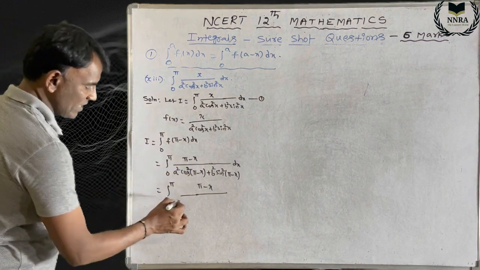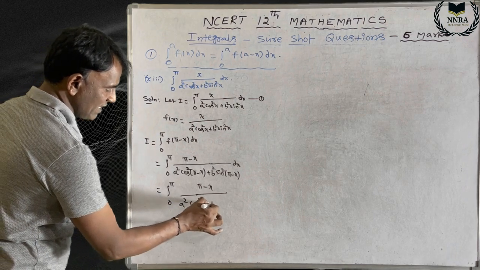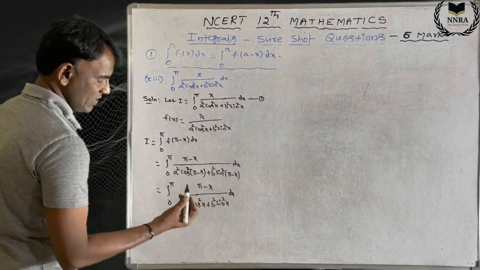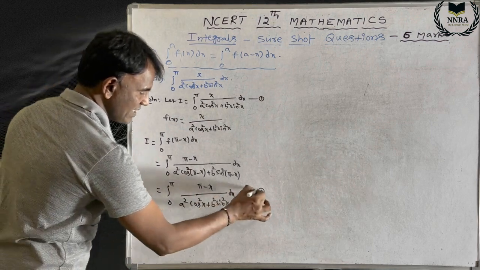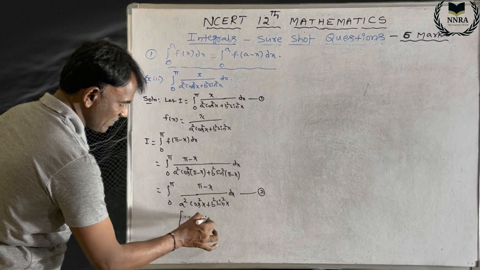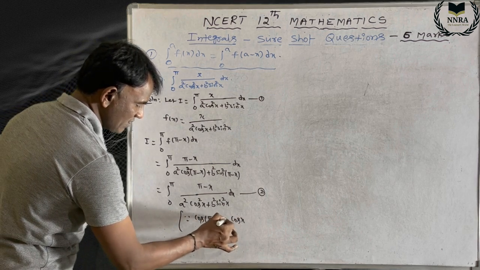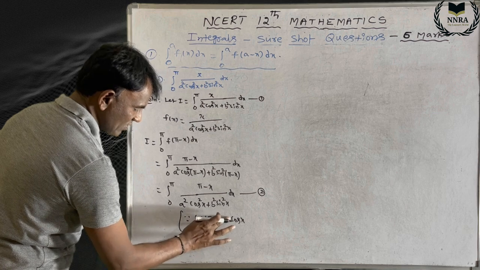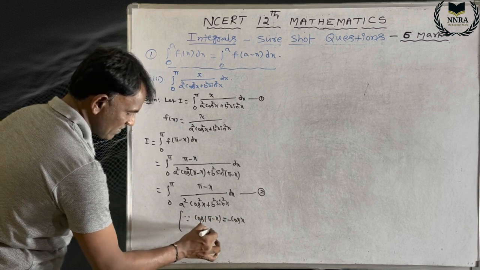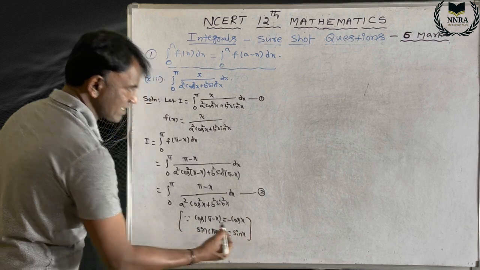Again we get the same cos square x. So a square cos square x, and it is b square sin square x dx. If you want, just write here: cos of pi minus x equal to minus cos x, okay, this is minus cos x. Second one, sin of pi minus x can be written as sin x.